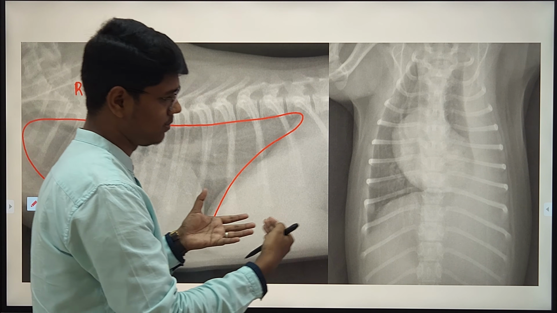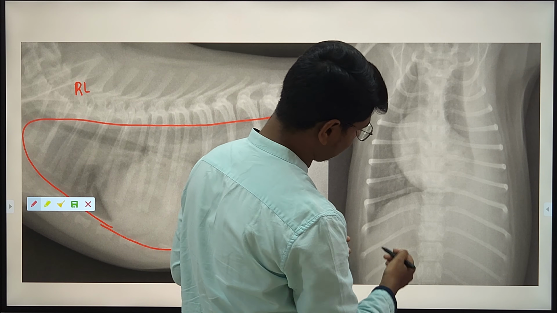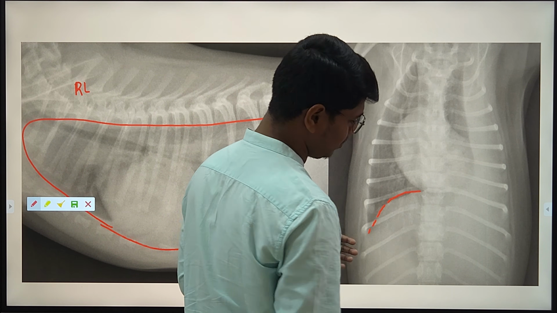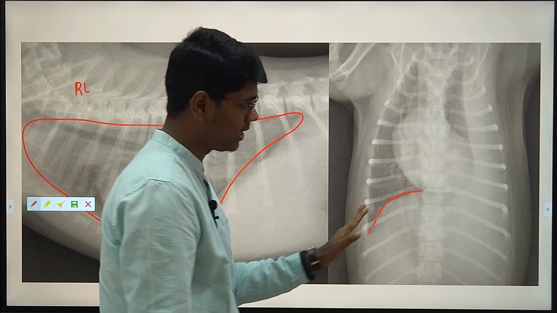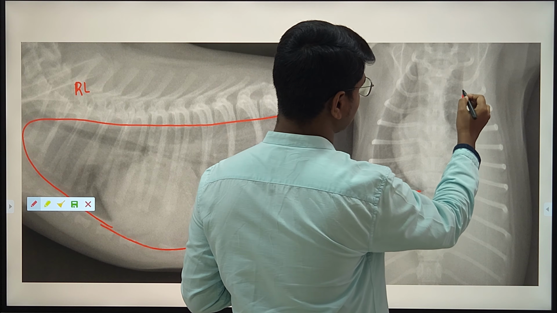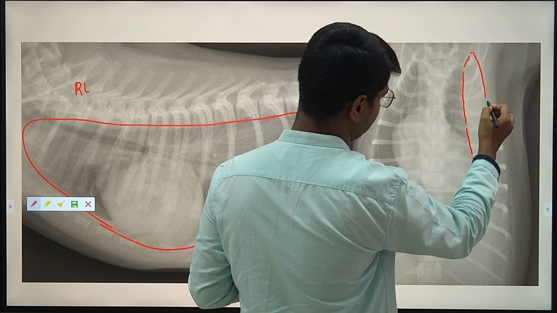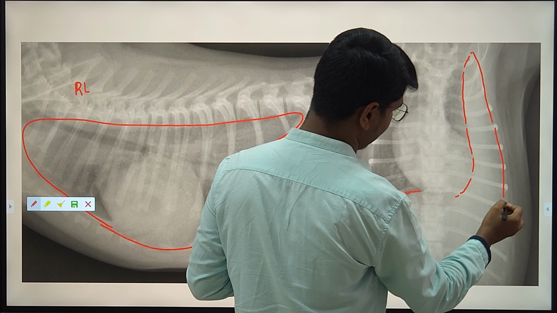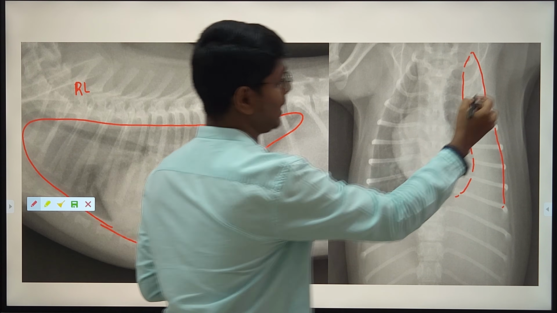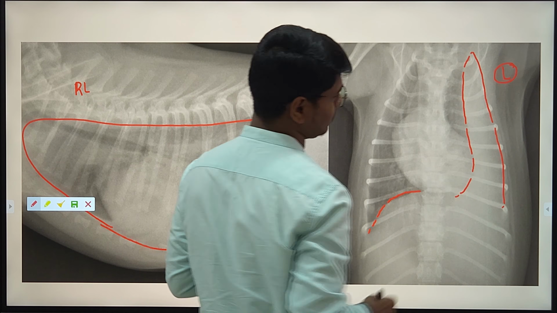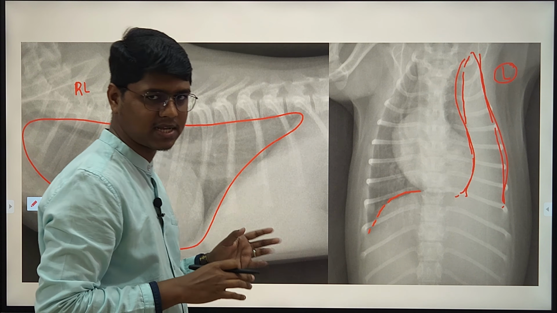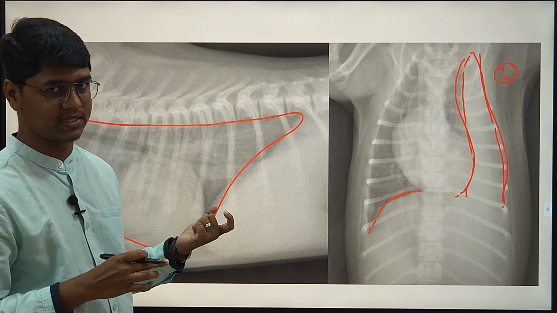When the ventrodorsal view was done, you can clearly see only the right hand side diaphragm outline is visible, while the left one is not visible, and also there is soft tissue opacity in one half of the thorax. Sorry, this one is left. I am very sorry. So the left thorax, half of the left thorax, has some soft tissue opacity.